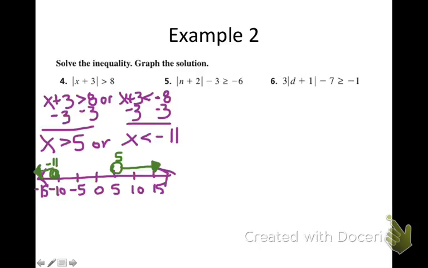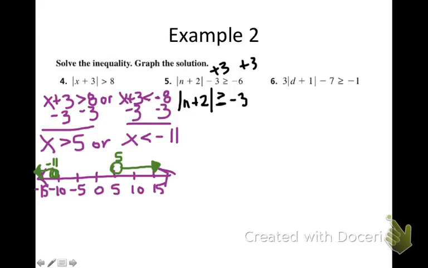Let's look at example number 2. In this one, we could shape it up a little bit by first adding 3 to both sides to get the absolute value of n plus 2 to be greater than or equal to negative 3.